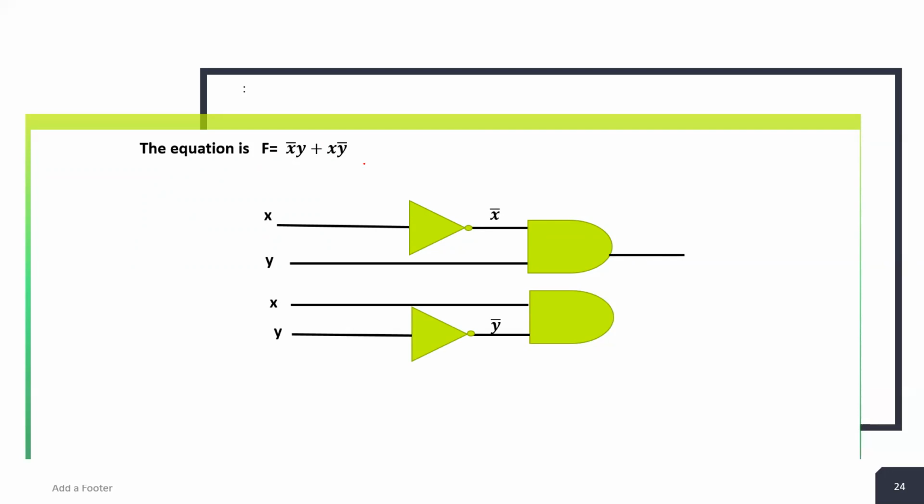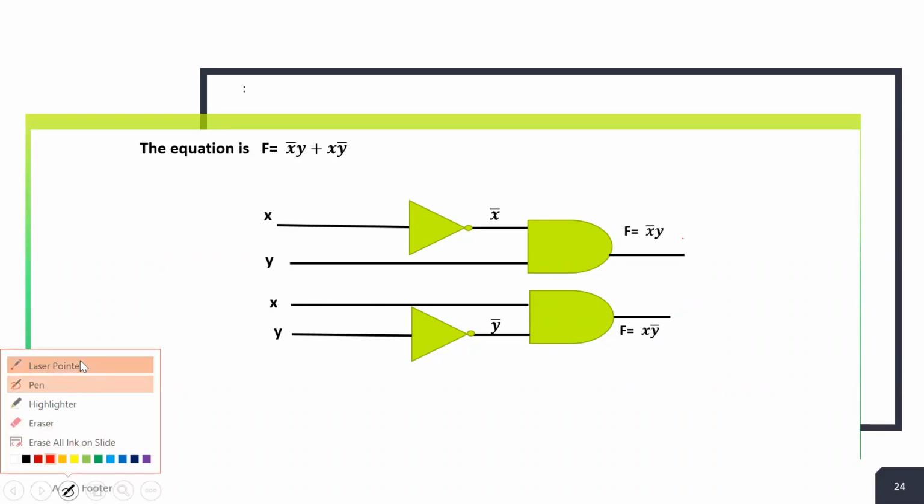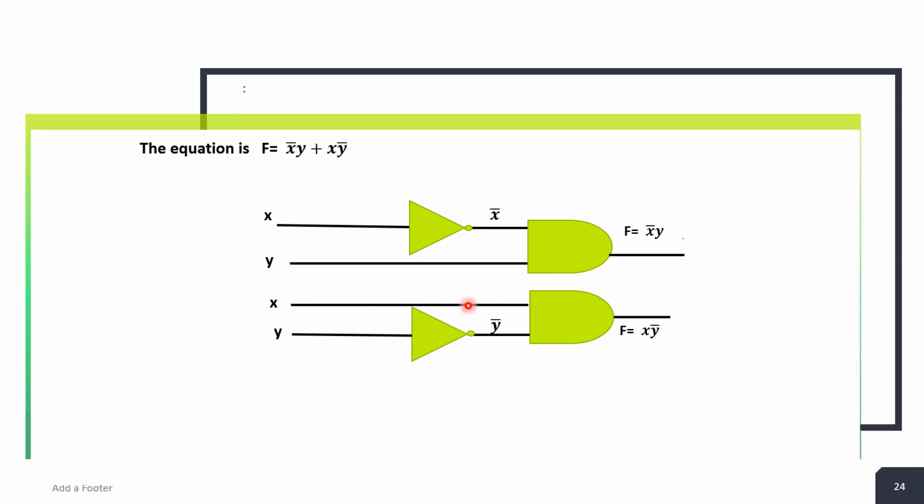Now for the first gate we get X complement Y, and for the second gate we connect X simple and Y complement with the help of a NOT gate. We get X Y complement. Clear? Okay, these two gates are connected with a plus sign.